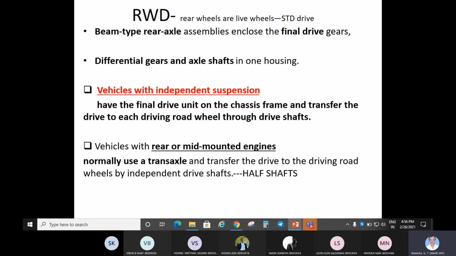Normally use a transaxle there because all of them are put together without any necessity of the propeller shaft. So wherever the shaft is eliminated, wherever the power plant, nothing but the torque source such as a motor or our engine, clutch, then the gearbox, final drive, all of them cascaded together is said to be the transaxle.